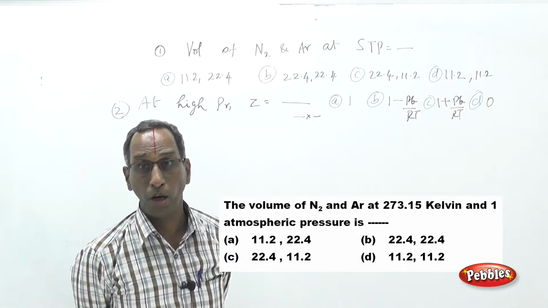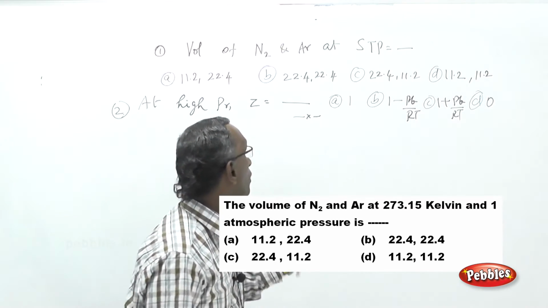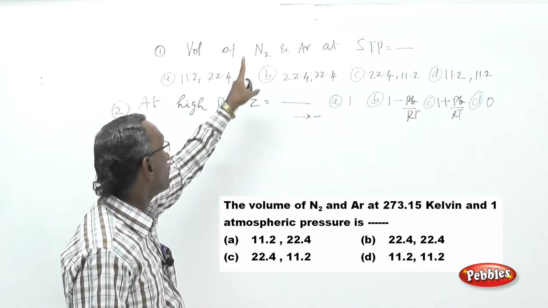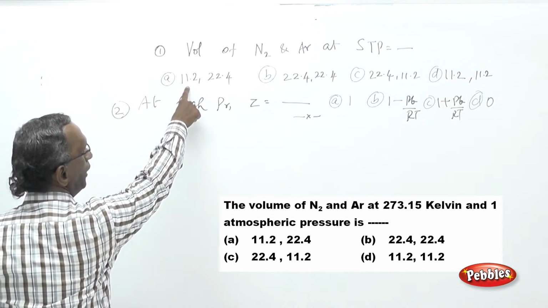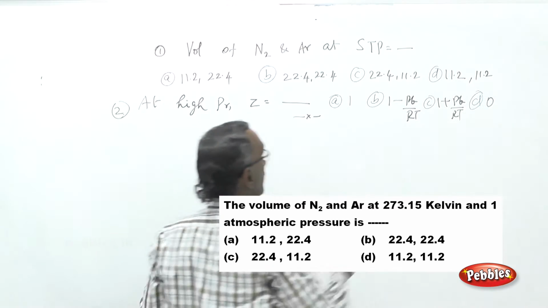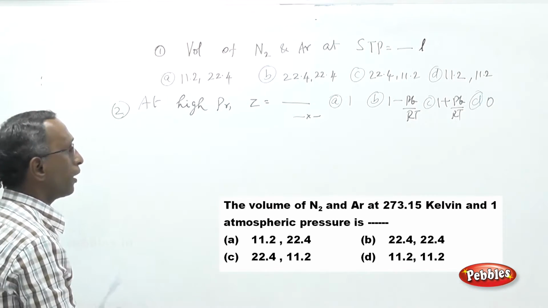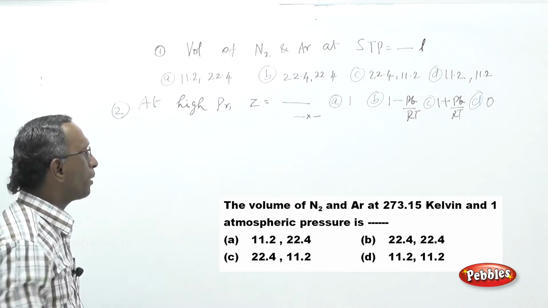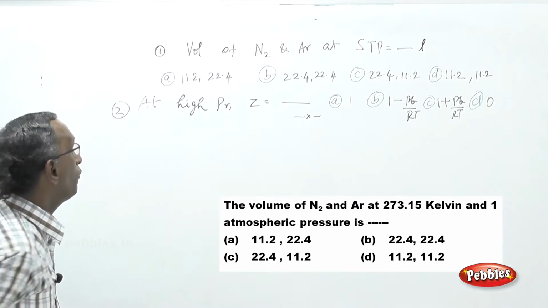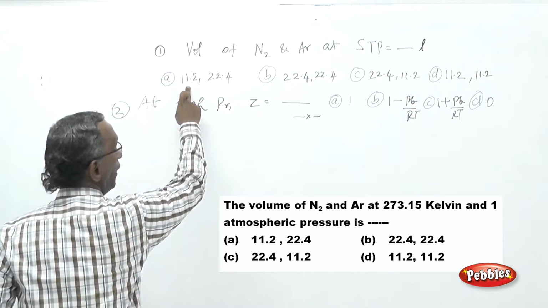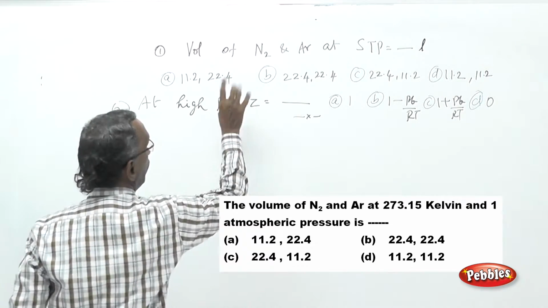Molar volume is the volume occupied by a mole. But you have to note that there are four choices given. A is 11.2 liter, and all of these are in liters. The first value is for nitrogen, the second for argon.